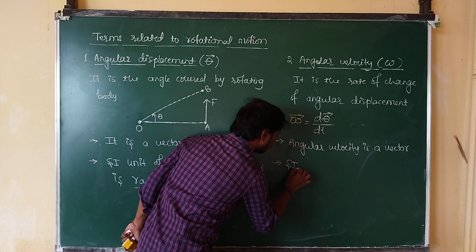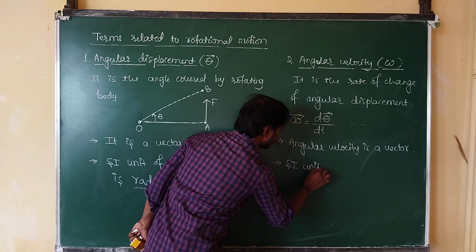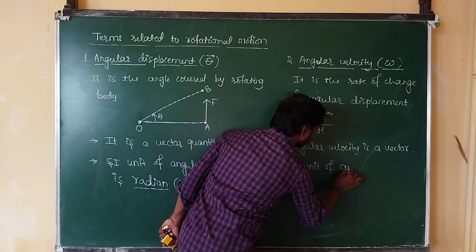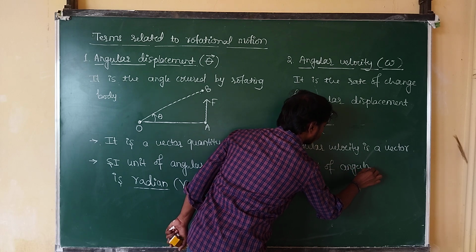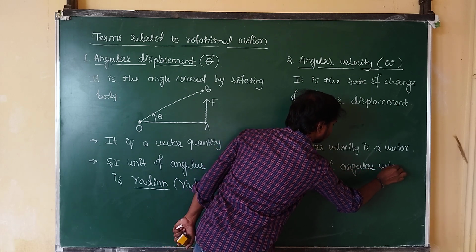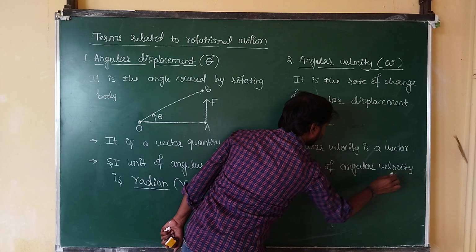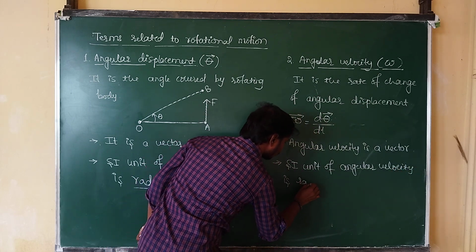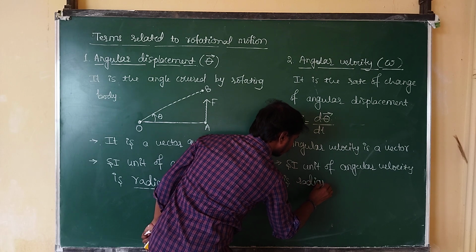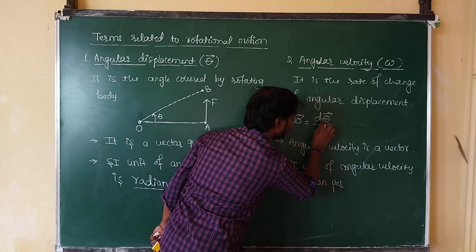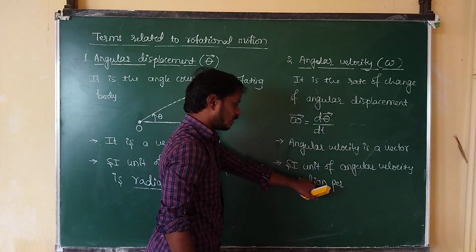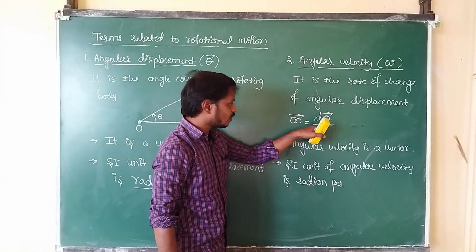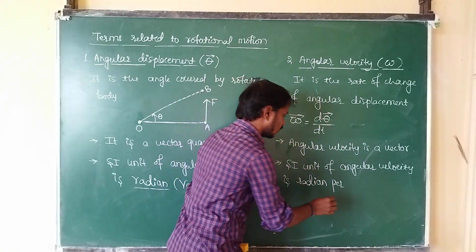The SI unit of angular velocity is radian per second, because angular displacement is measured in radian and time is measured in second.